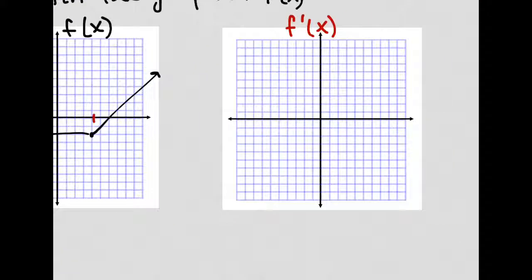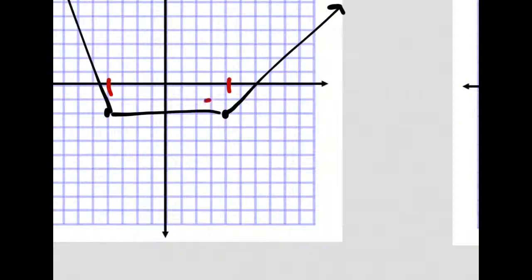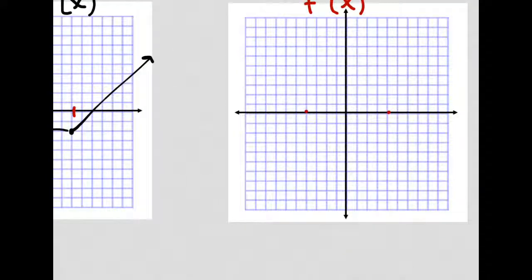So on my f prime graph, well, the slope is 0, so the actual y value is 0, from -4 to 4. However, this is non-differentiable. It has corners. It's non-differentiable at -4 and at +4. So, how do we graph that? Well, if it's non-differentiable, there is no derivative there.